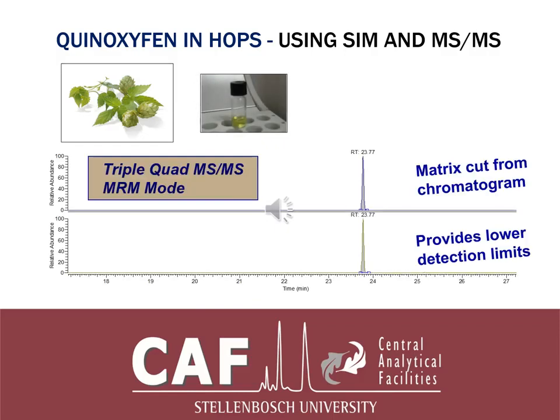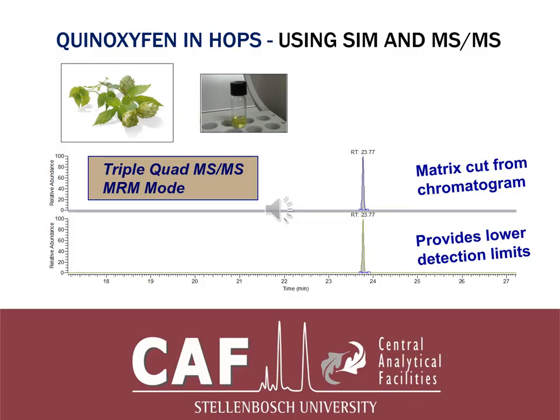Now look at the spectra of this chromatogram here that we've got of the same compound using the SIM and the SRM or MRM. How this peak now, the chromatogram looks much better compared to the one previously.